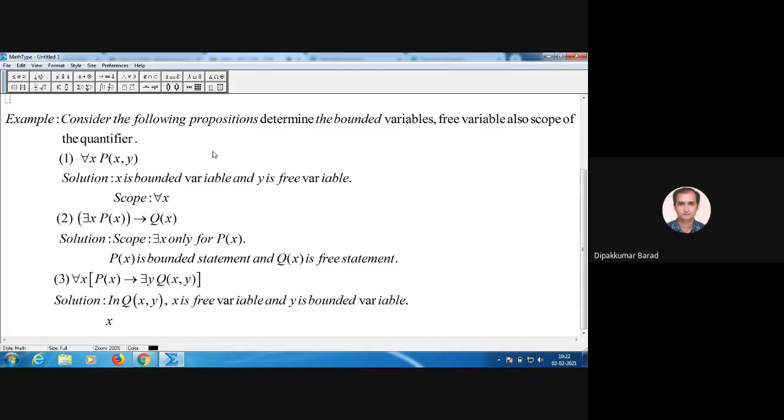So x is a bounded variable for p of x and q of xy.